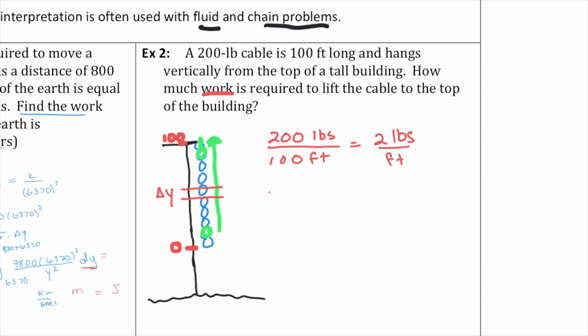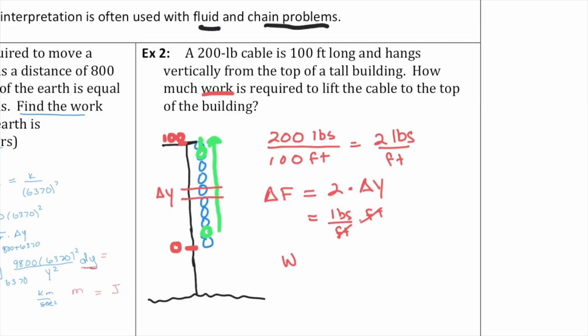So if we think of force as a weight, our delta F is going to be the 2 pounds per foot multiplied by the width of each little slice. And that will give us pounds per foot multiplied by foot, which leaves us with pounds.